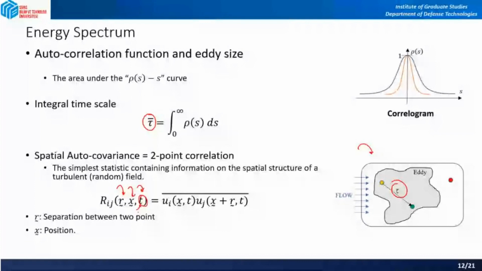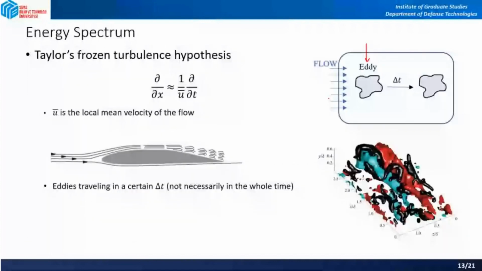Consider an eddy which is marked in the flow. For example, in here, you have an eddy. It travels with the flow, and if this eddy is not distorted, in other words, at some delta t time, seconds later, I moved my camera to the right and get another snapshot.